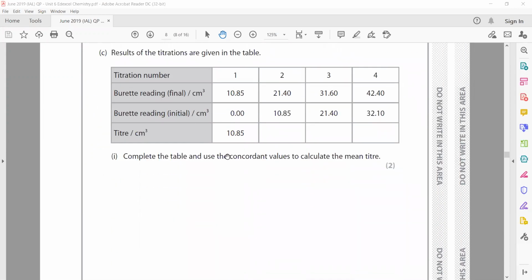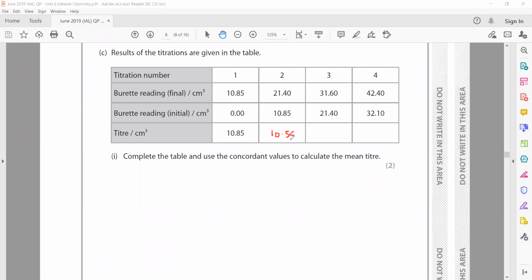The results of a titration are given in the table. Burette readings are there. Complete the table and use concordant values to calculate the mean titer. So when we complete these burette readings, this will be 10.5, when I take a difference, 10.55, 21.4 minus 10.85.